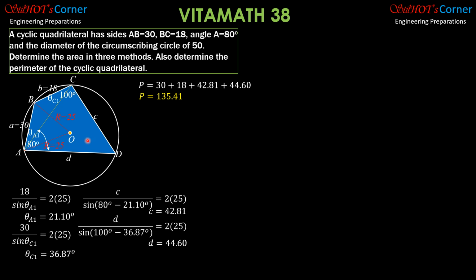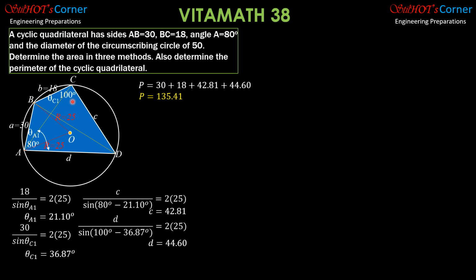Then for the area, first way, let's divide the area into area of triangle BAD and area of triangle BCD. In the preceding Vitamath problem, Vitamath 37, that area is set up as 1/2 of the product of adjacent sides times sine of the included angle. And remember that sine of 80 and sine of 100 degrees are equal, or sine of an angle and sine of its supplement are equal. So that's why the area is simply 1/2 quantity AD plus BC times sine of 80 degrees or 100 degrees.